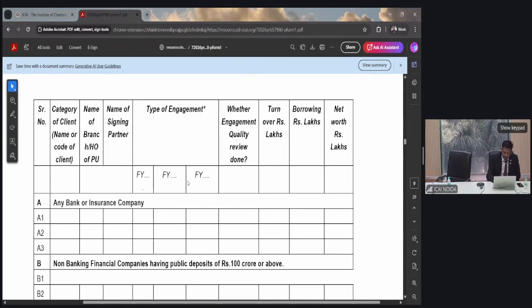You can shift this FY column here, after type of engagement and before whether EQC are done, then whether engagement quality review, turnover, borrowings, network.